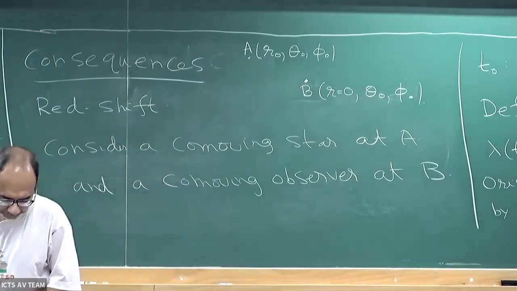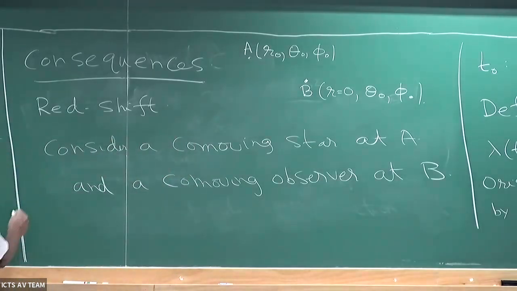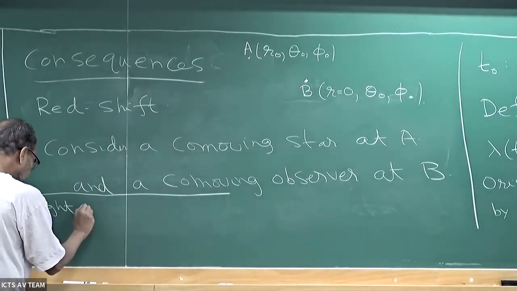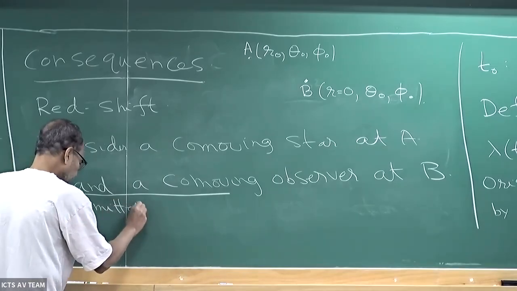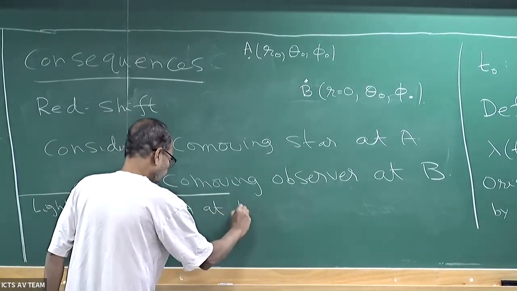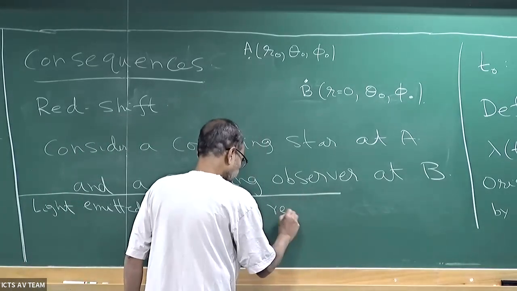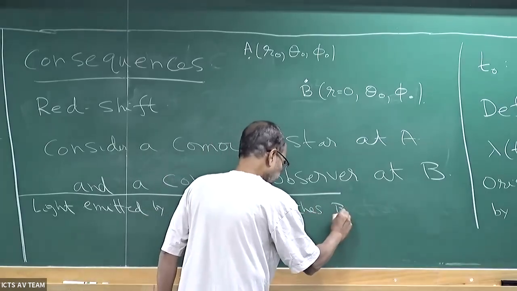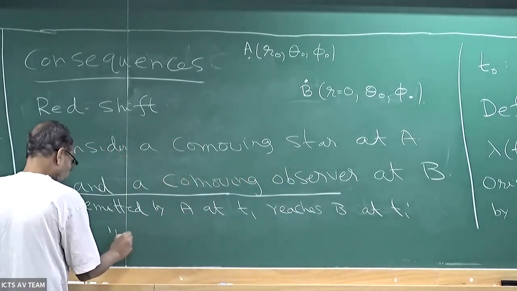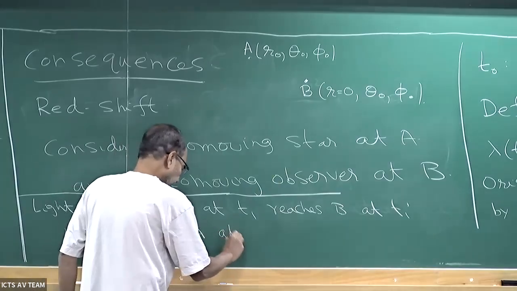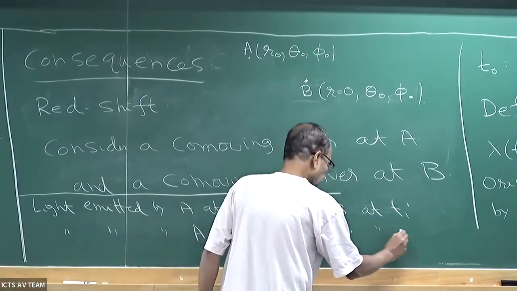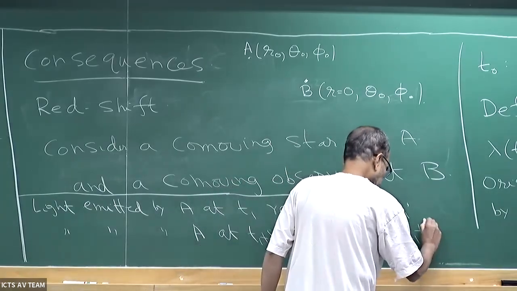Now let's suppose that light emitted by A at t1 reaches B at t1 prime, and then light emitted by A at a later time, say t1 plus delta t1, reaches B at t1 prime plus delta t1 prime.